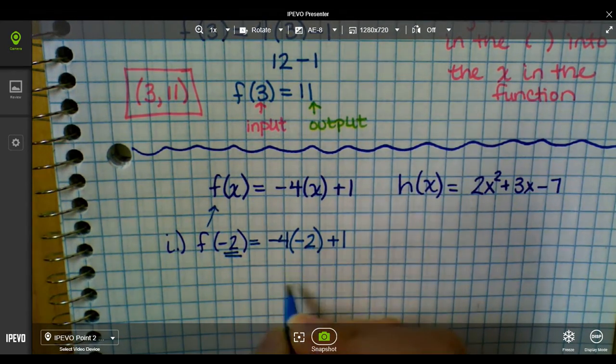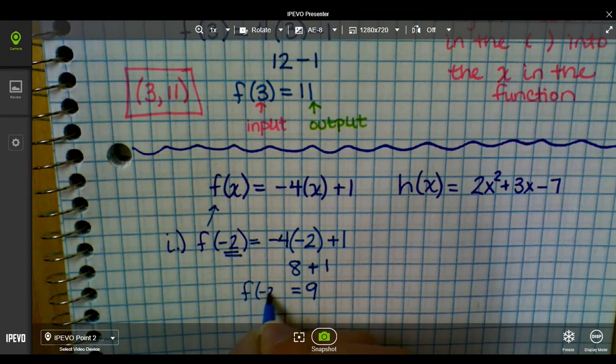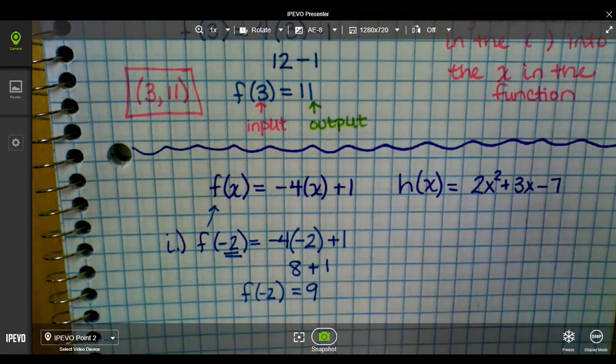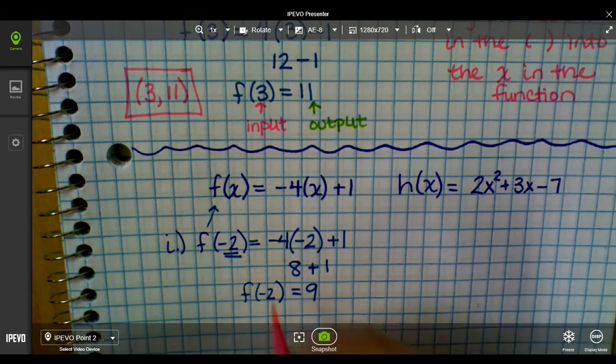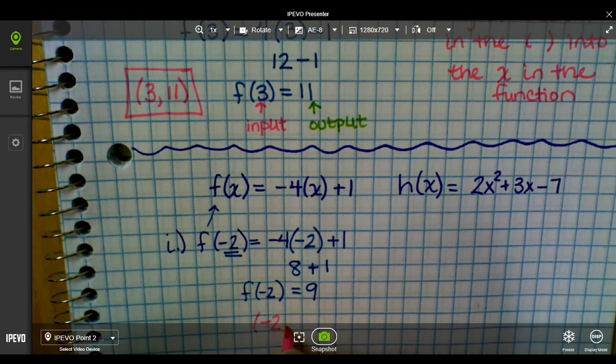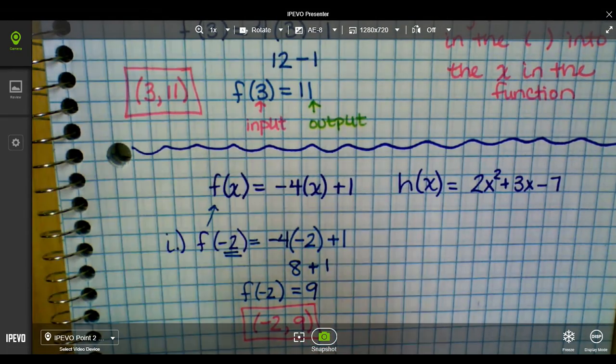So -2 times -4 is +8, add the 1, and I get 9. So that means f of -2 equals 9. If I was going to graph this, that means I would have the point (-2, 9) on my line. When I plug in -2, I get out +9.